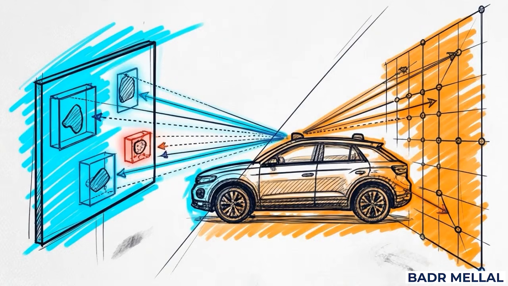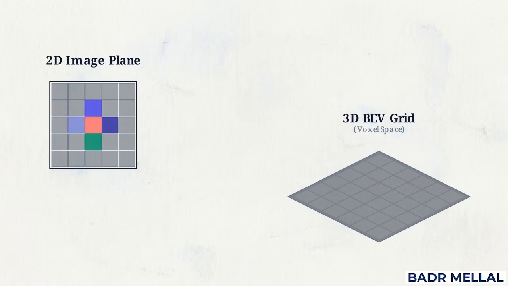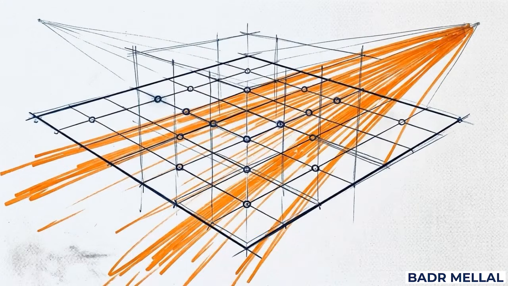Faced with this bottleneck, engineers fractured into two opposing architectural camps, divided by which coordinate system dictates the math. The first camp relies on forward projection. This approach uses the 2D image plane as the source of truth, actively pushing feature data outward into 3D space. The second opposing camp uses backward projection.